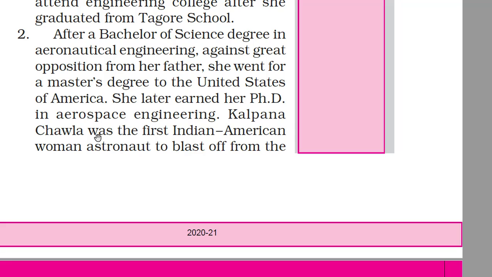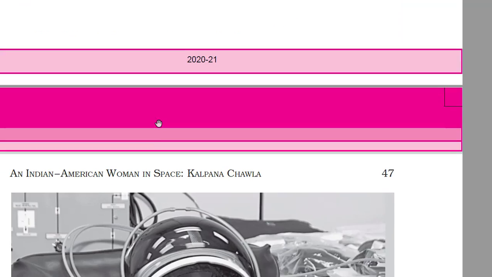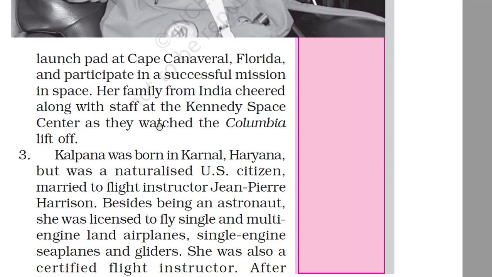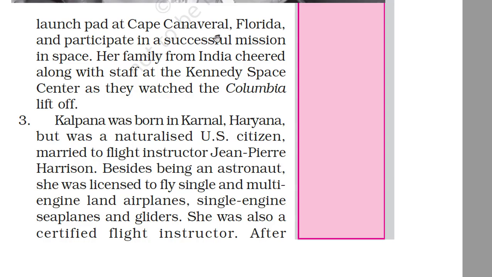Okay, Kalpana Chawla was the first Indian American woman astronaut, as I have already told you, to blast off from the launch pad at Cape Canaveral, Florida, and participate in a successful mission in space. And she had a successful mission. Her family from India cheered along with the staff at Kennedy Space Center as they watched the Columbia lift off.